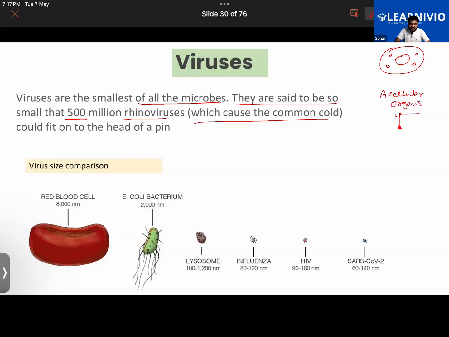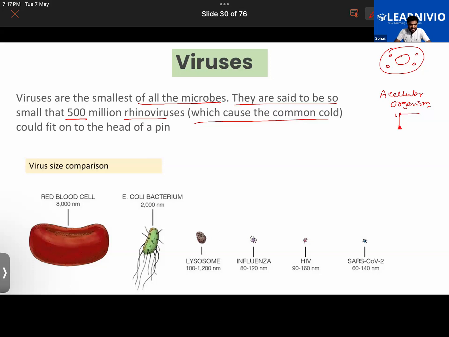This is a very interesting thing to understand: they are acellular organisms, and their body does not possess a structure similar to that of a cell, meaning the basic structural organization of their body is not that of a cell. So we can basically say that viruses cannot be called cells.